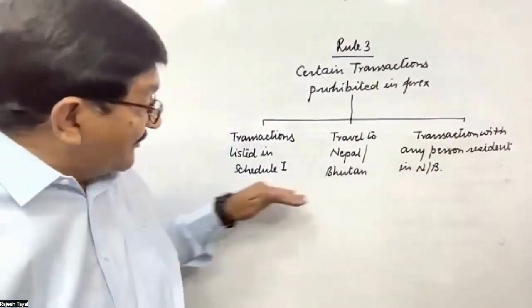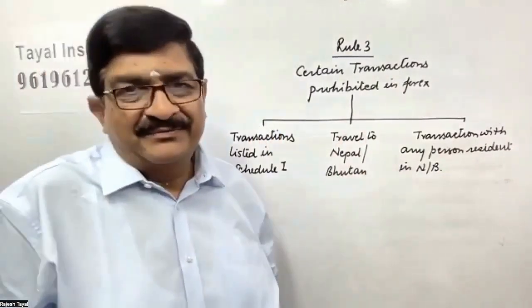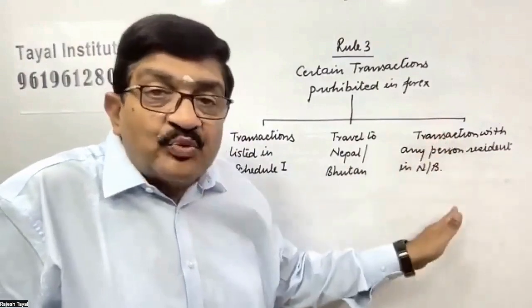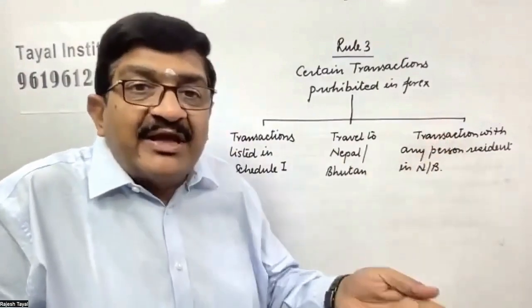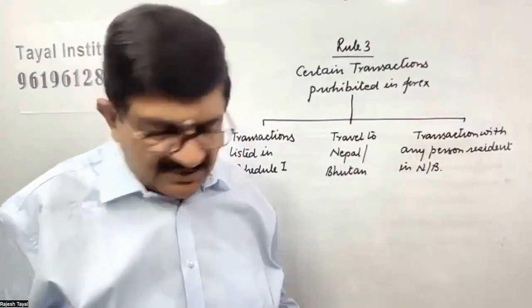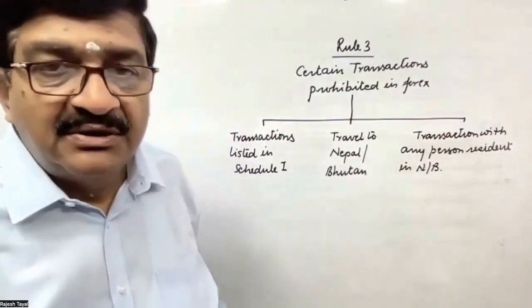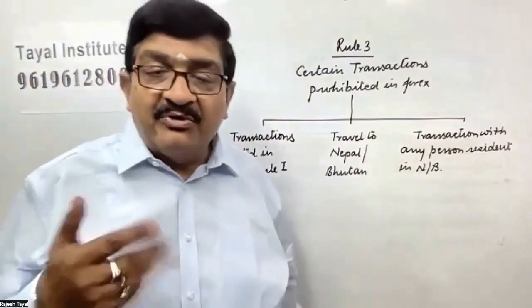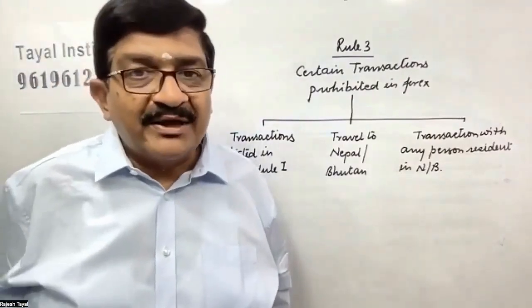These are absolute prohibitions. This is the only case where RBI may give a general or special permission. In these 2 cases, there is no provision for any permission or any exemption being given by RBI.